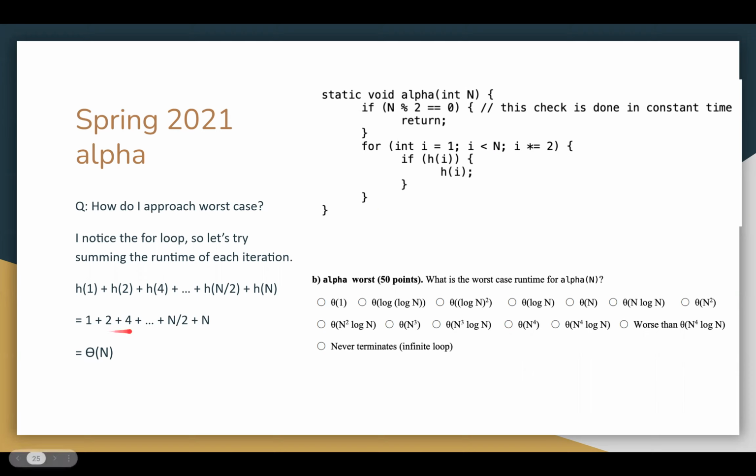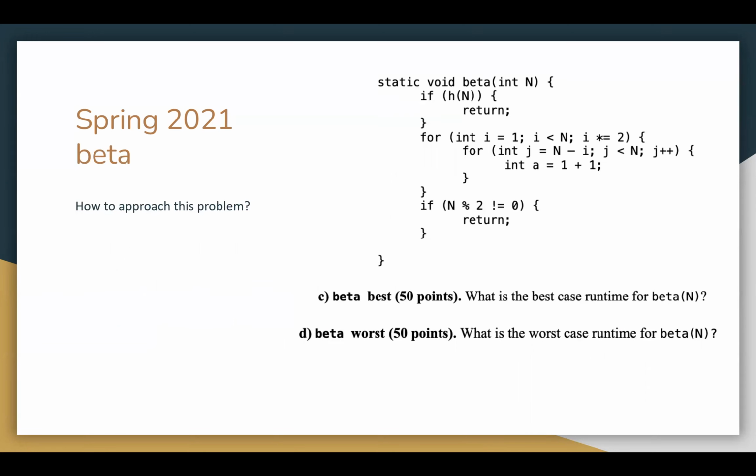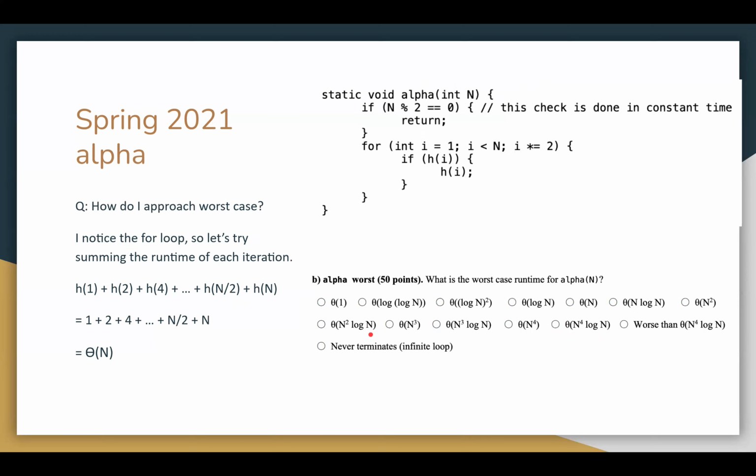You mean the summation of one? Usually you execute the for loop log n times, and the h of I, which is n, should be n log n.